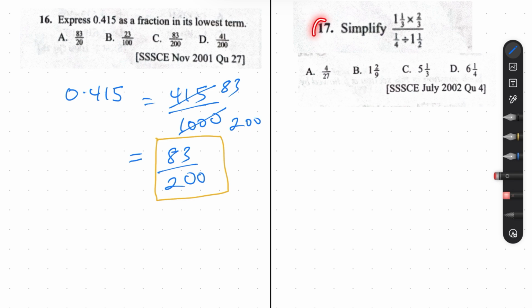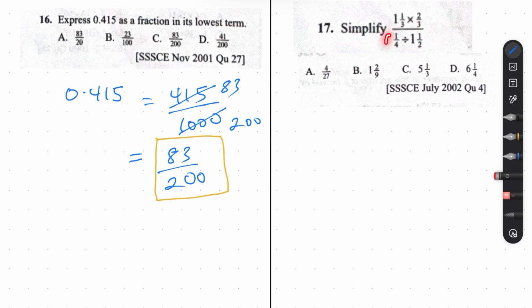Question number 17. It says simplify this expression. So we can easily also just put this into a calculator, but because we are doing this step by step, let's do that so you can understand the process, right? So as we mentioned earlier, this line here is a division line, so you can just change it to the division sign, right?